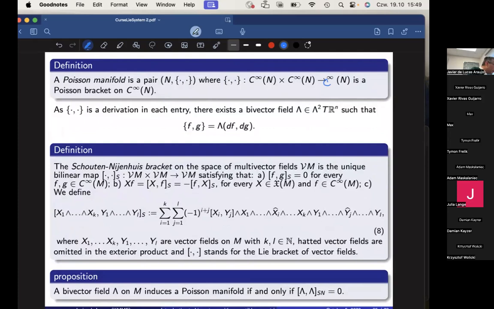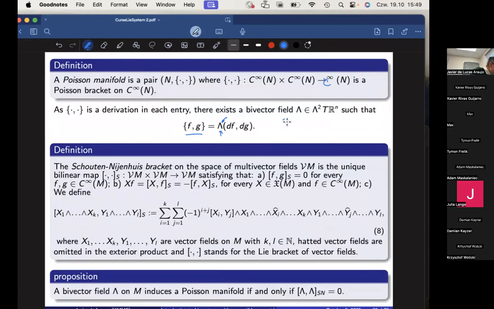The only thing that can happen is that when you have a Poisson bracket on the space of smooth functions on a manifold, you can define something called a bivector field. This is, at every point, an antisymmetric tensor product of tangent vectors.